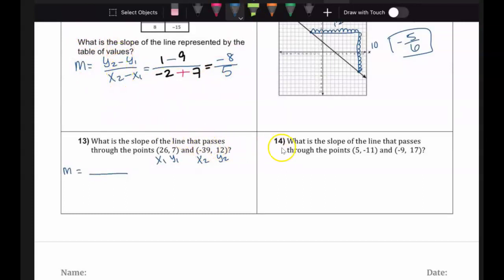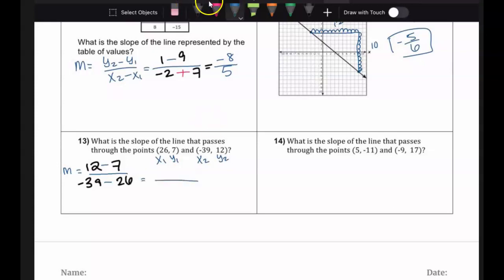So we're going to use this formula that's up here. So y2, which is 12, minus y1, which is 7, over x2, which is negative 39, minus x1, which is 26. And we can put that into our calculator.